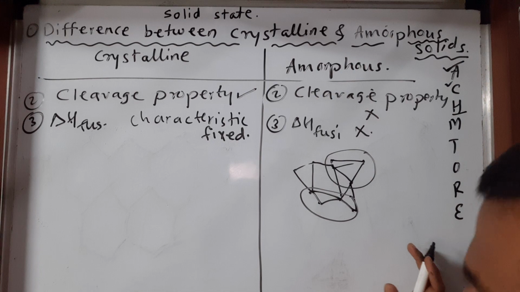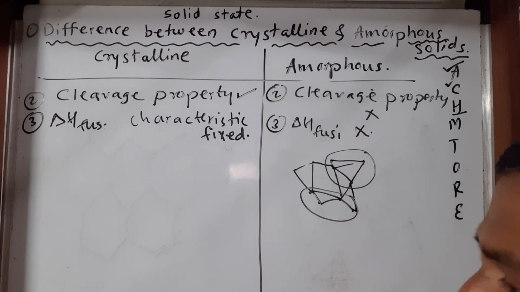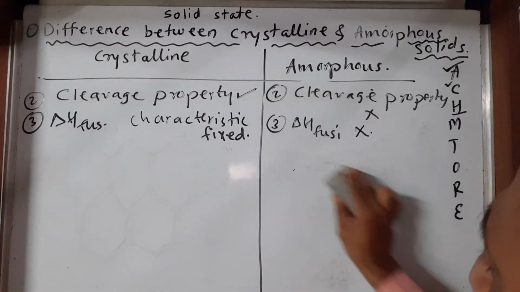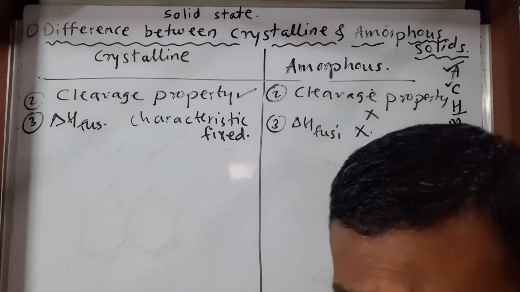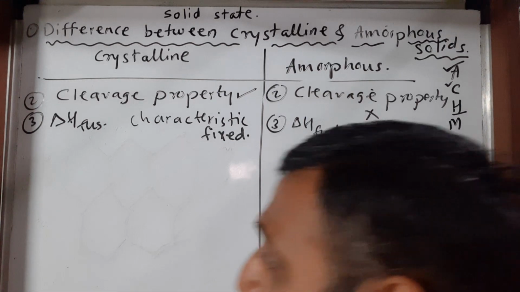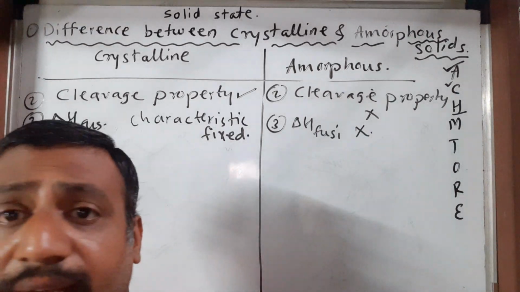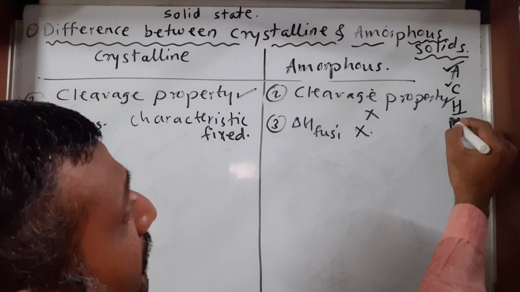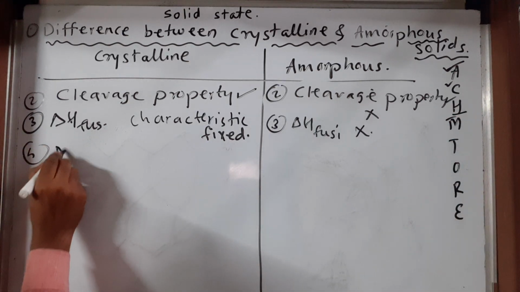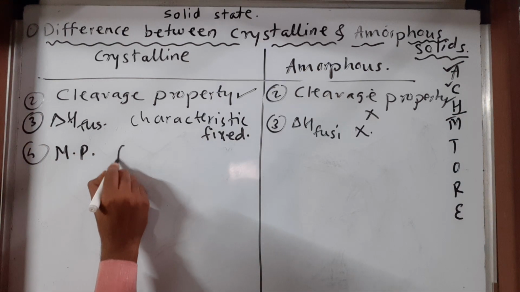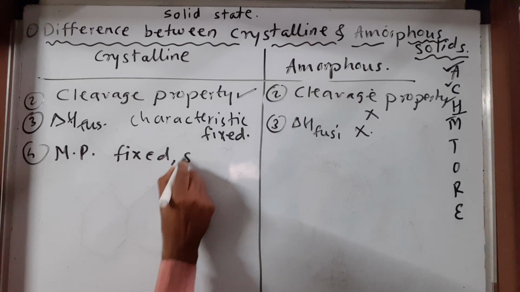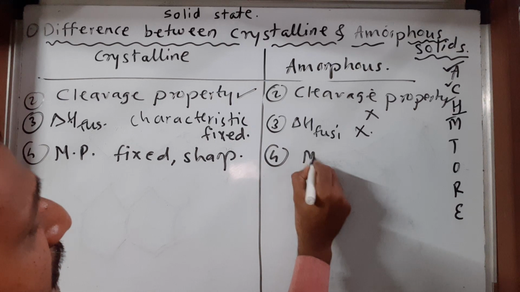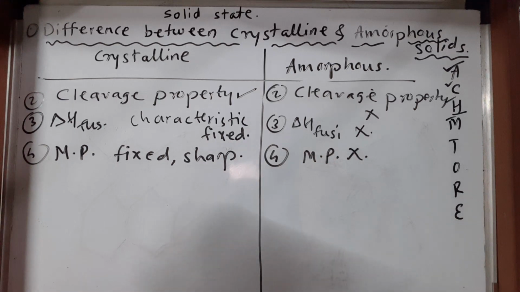So that's why the heat of fusion is not characteristic. It means sometimes we require less energy, sometimes more energy to bring about melting. Okay, now the next one, after heat of fusion, is melting point. Melting points are fixed, characteristic and sharp, and here there is no fixed characteristic and sharp melting point. Easy to understand.